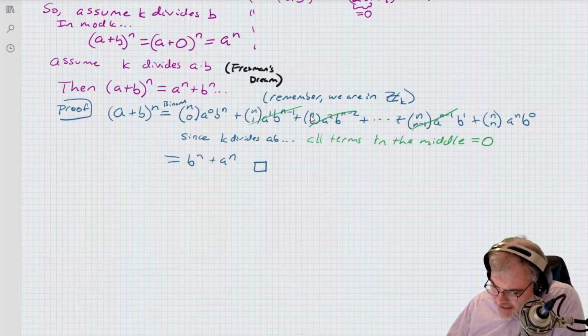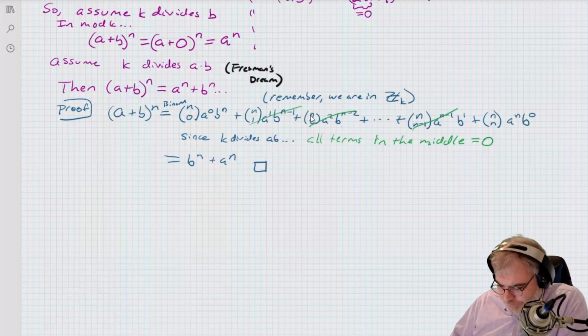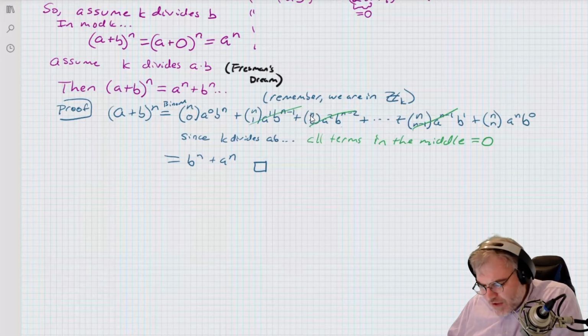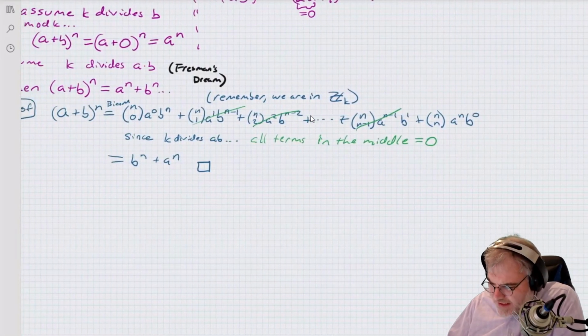Because this has an AB in it. This has an AB in it. This has an AB in it. The only thing that doesn't have an AB in it is this term and this term. Now, that's not very useful if K is prime, but it's extremely useful if K is not prime.